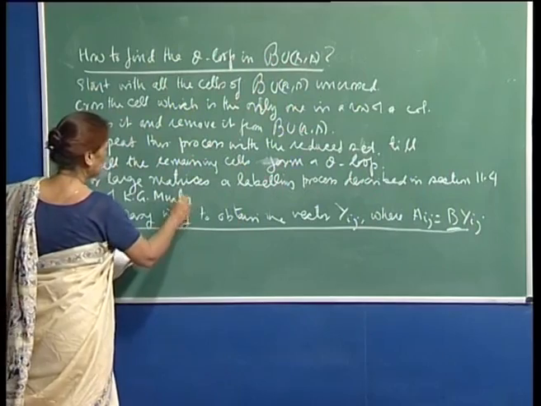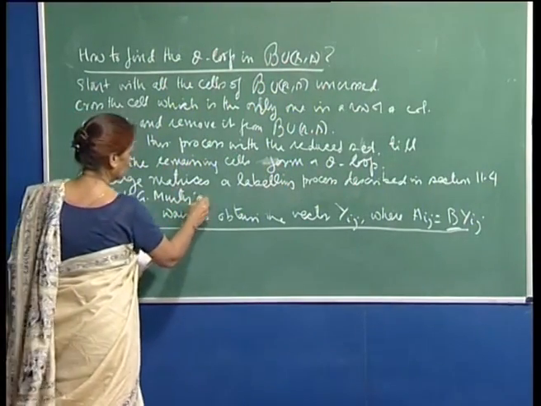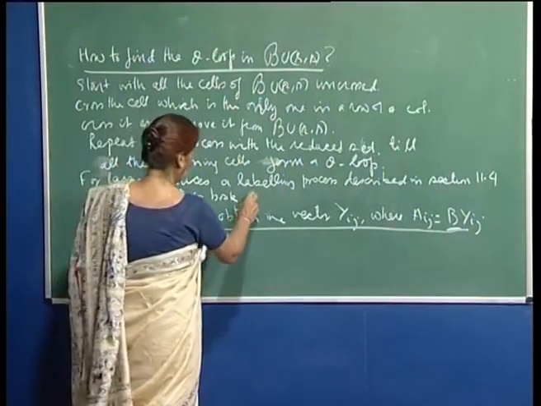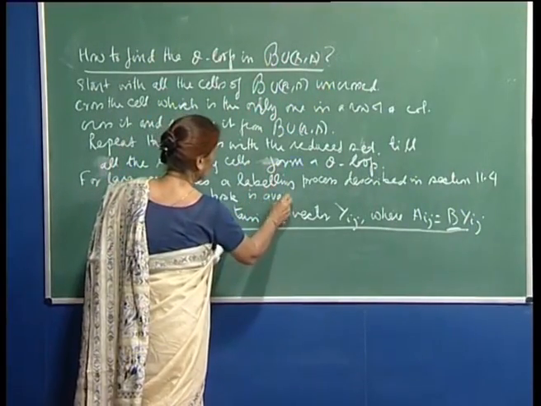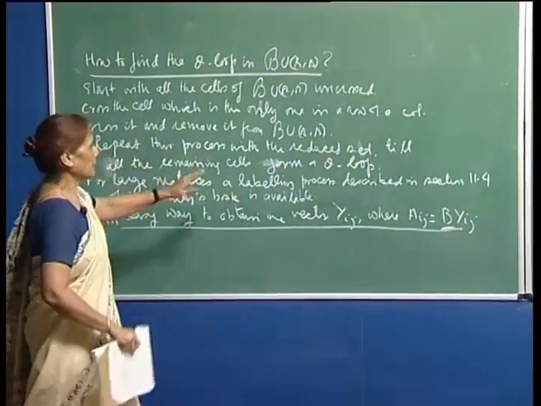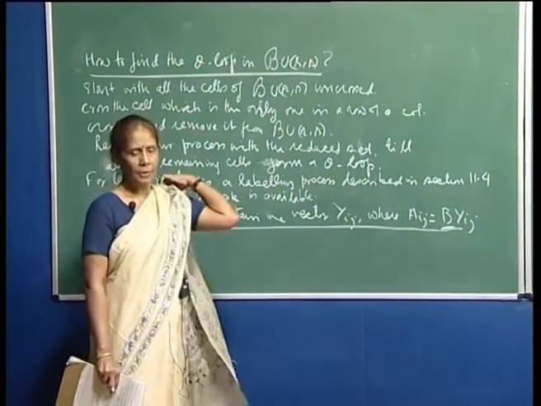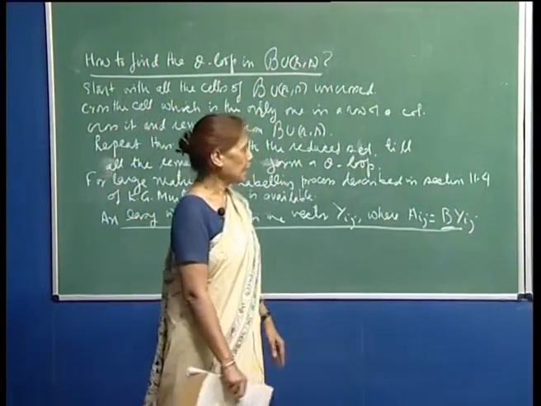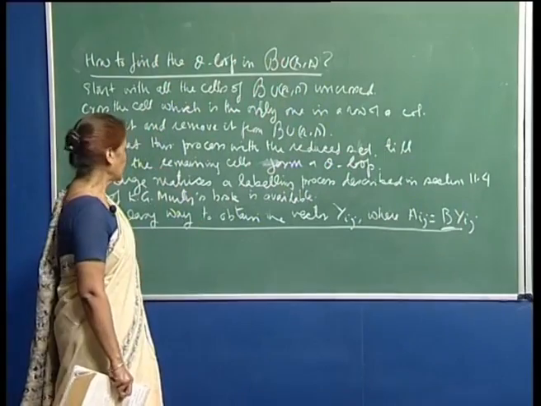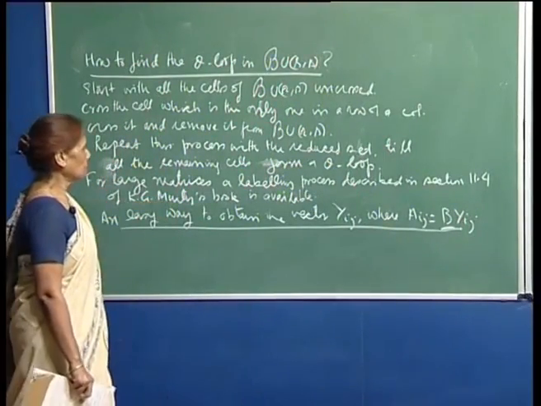I have already given references, K.G. Murthy's book is available. Okay. It is a simple labeling procedure, but it sort of streamlines the search for a theta loop when you have a large array and you want to locate a theta loop. Okay. So, therefore, this can be done, right.